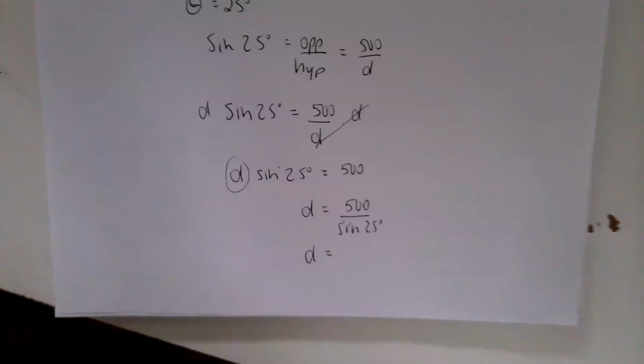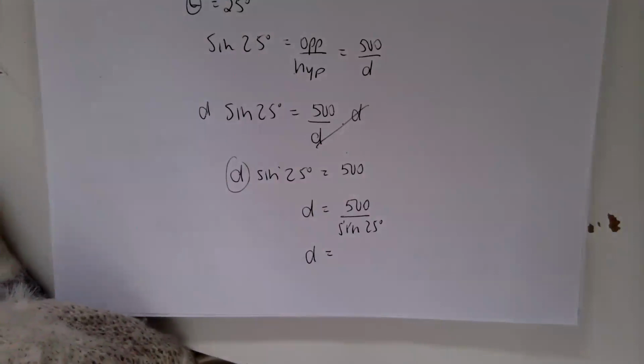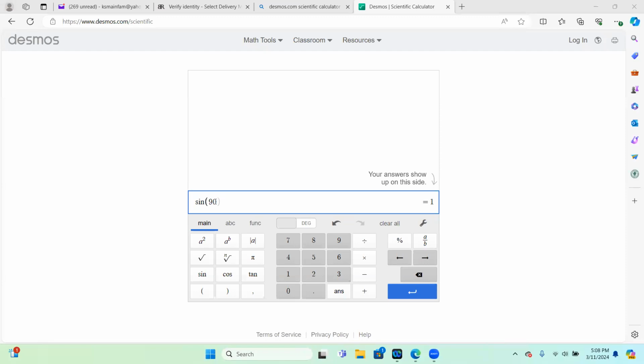So we're going to go to our Desmos scientific calculator, and I'm going to make sure I'm in degrees because that's what I have information about. I'm going to take 500 and divide by the sine of 25 degrees.